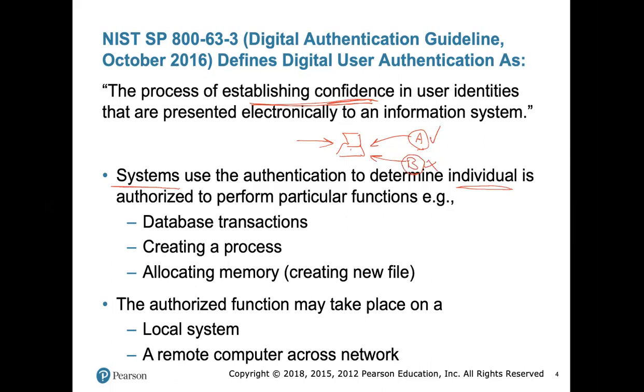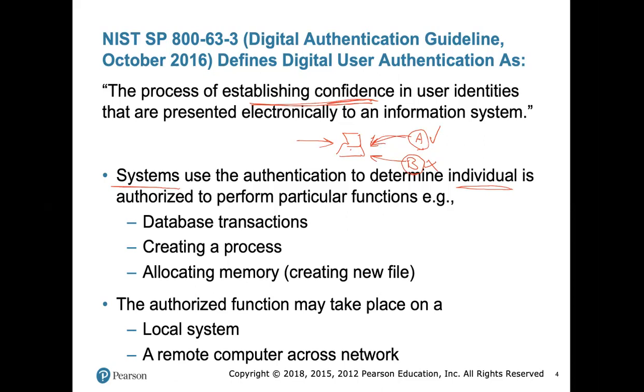You need to make sure that, yes, this is user A, this is client A, and he or she is allowed to make some changes to the system. It might be updating the database. It might be even reading from that database. The database might have some sensitive information, and you don't want to disclose it to everybody.